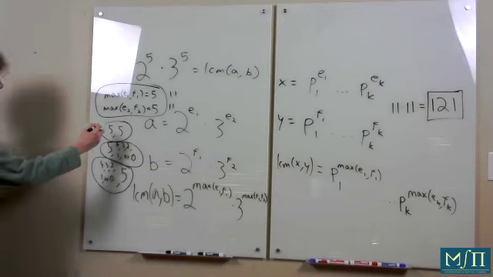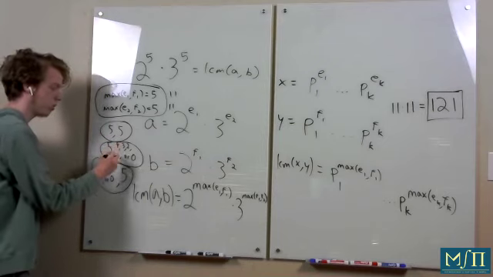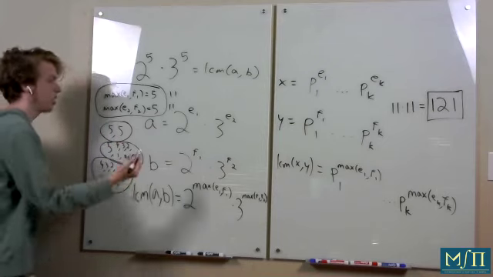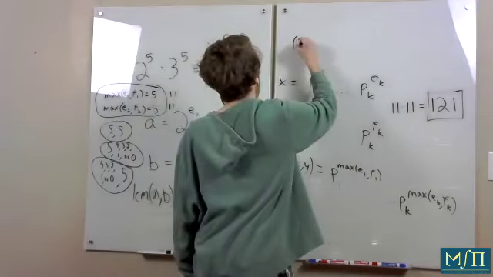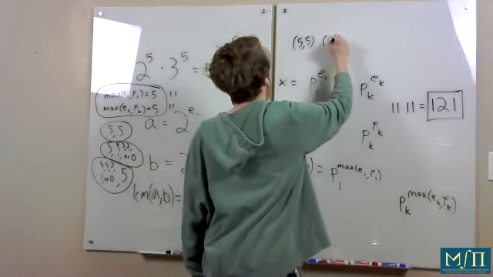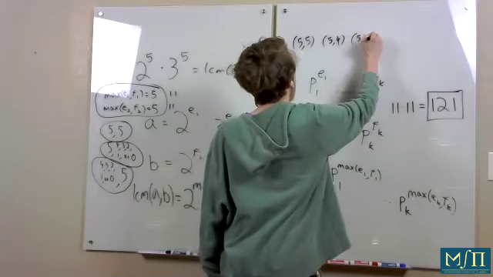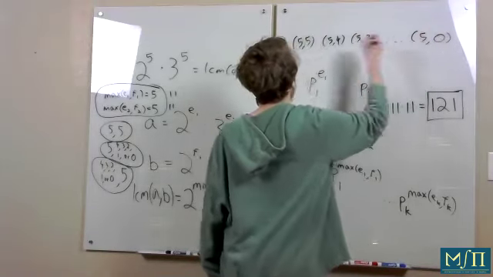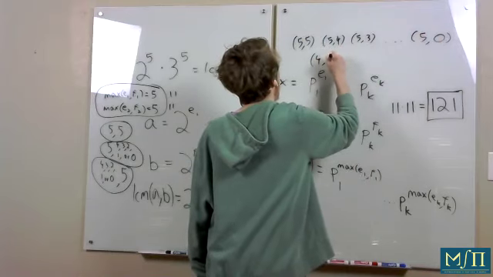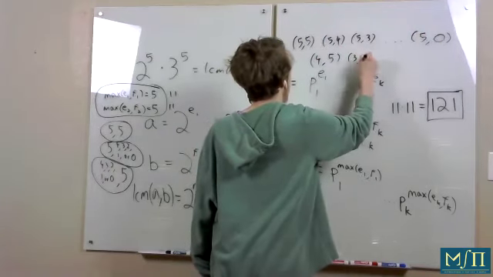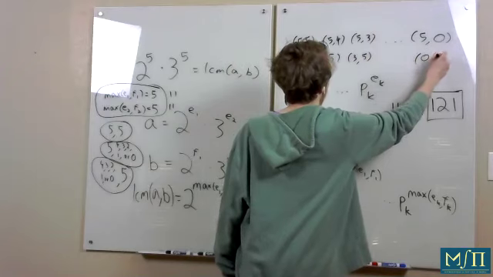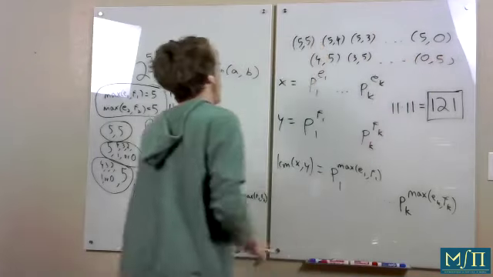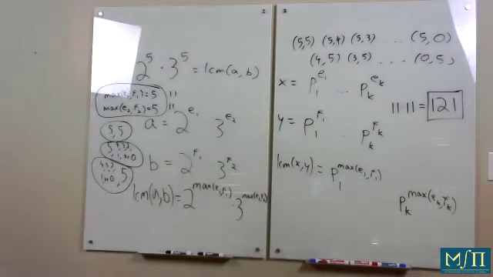You could just write them down as 5,5; 5,4; 5,3; down to 5,0; and 4,5; 3,5; 2,5; 1,5; 0,5. And that's where the 11 comes from.